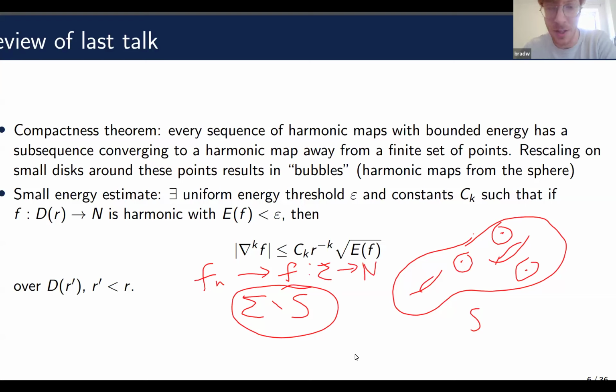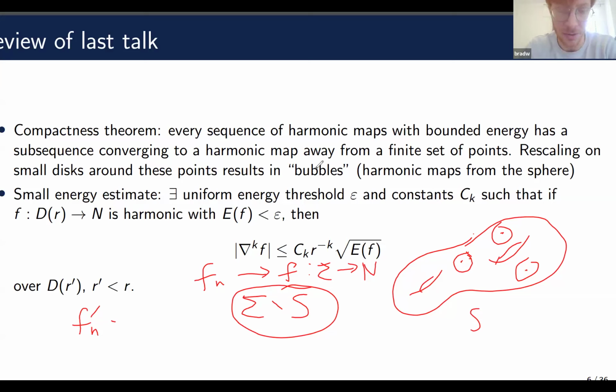And then the other place where we used this theorem was to define the bubble maps. Around these points in small disks, you'll have some sequence of rescaled F's, I'll call them F prime, which are defined on successively smaller disks around these points.